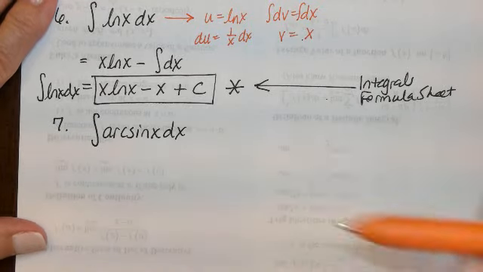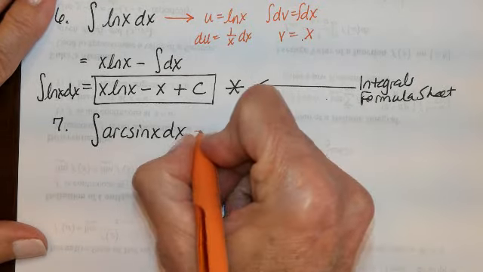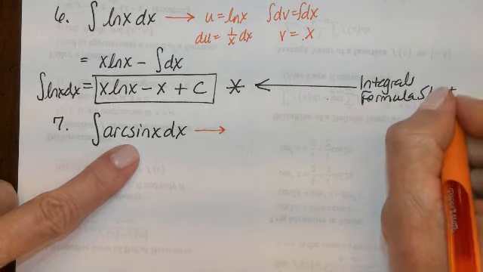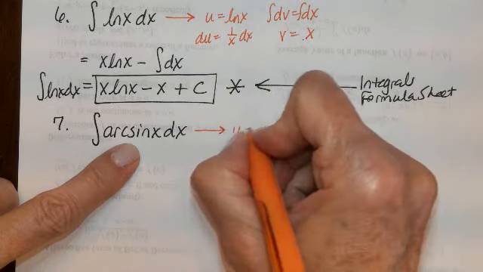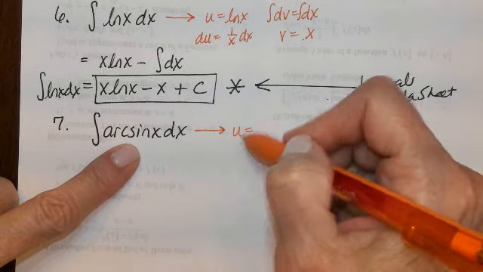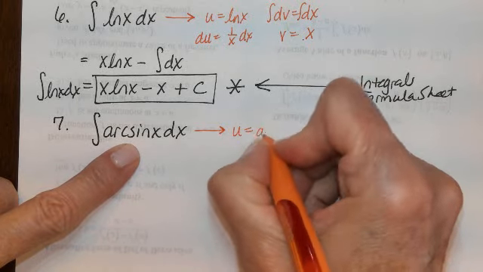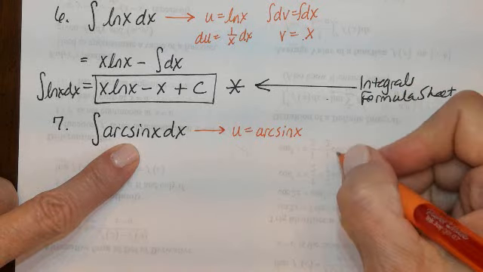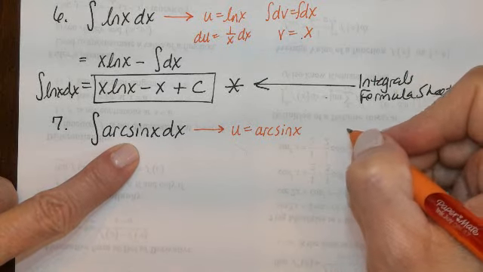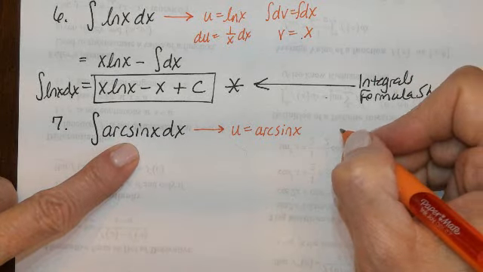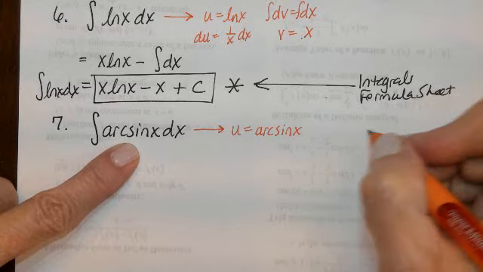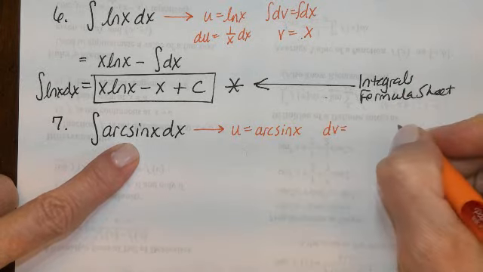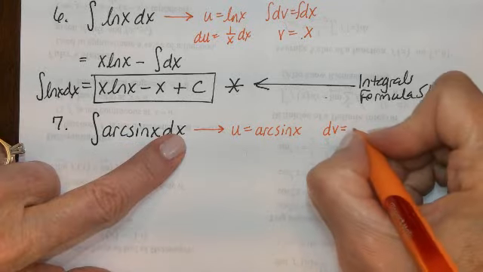So this is how to find that antiderivative. We're going to do this kind of like we did the previous problem. We're going to let u be arc sine of x because we know how to find the derivative of arc sine x. At least you did back in the previous unit. You may not remember now, but you used to know how to find the derivative of that. Hopefully you still do. We're going to let dv be the dx.